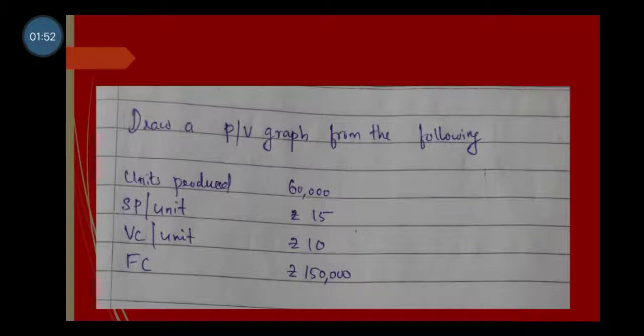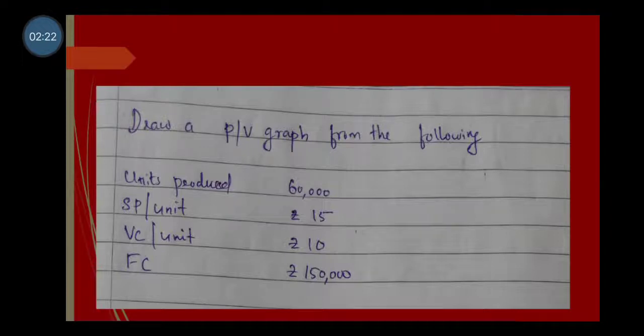But in a PV graph, we have to plot two things: first, the different levels of activity, meaning the different levels of sales, and second, the profit or loss at these different levels of sales. It is a simplified form of break-even chart, very simple compared to the simple break-even chart itself, right?